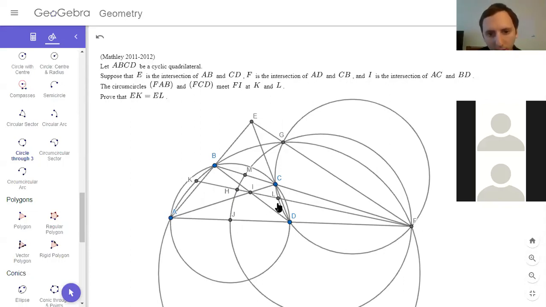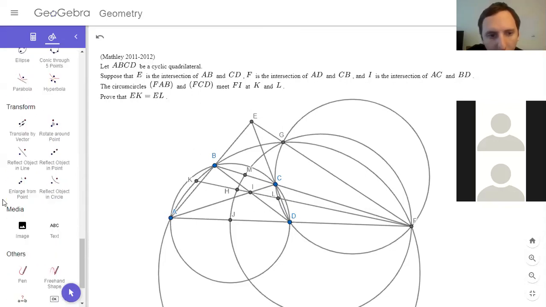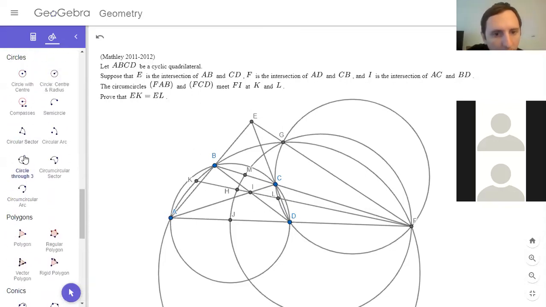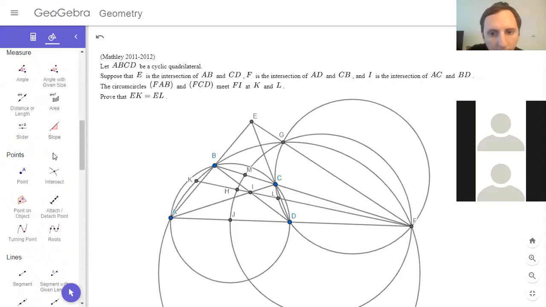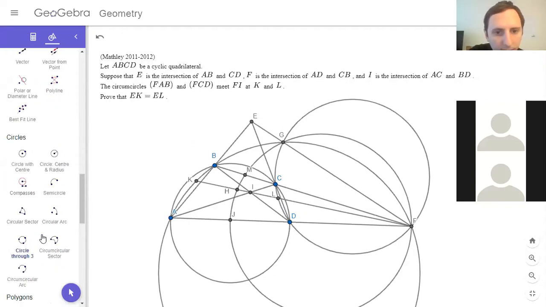By the way, can you just check that EK is tangent to AKGF? Sorry, did you say KDF?